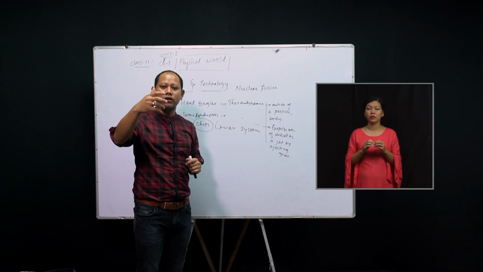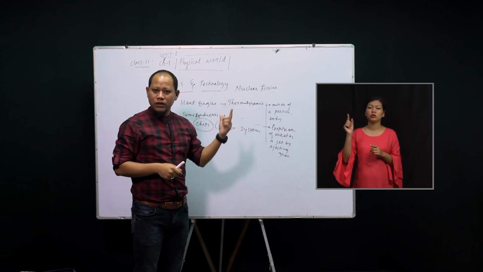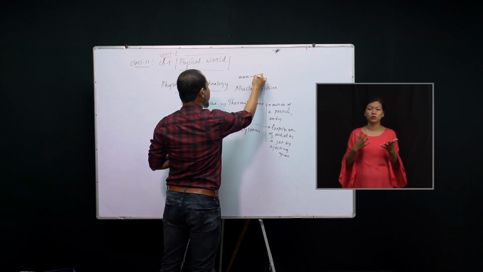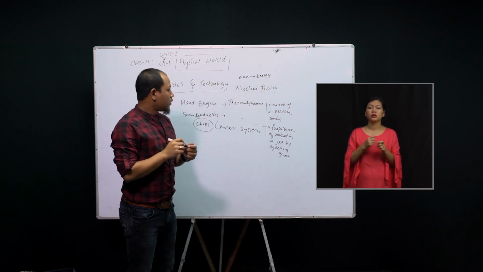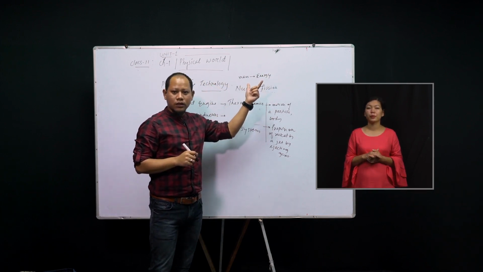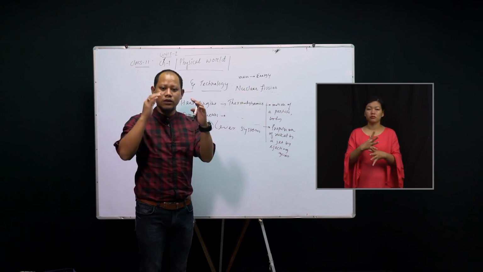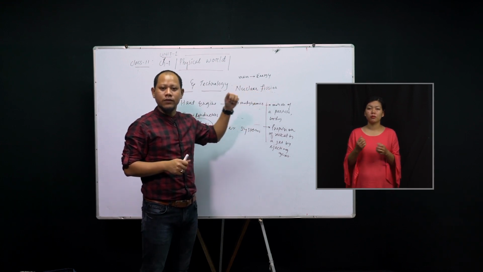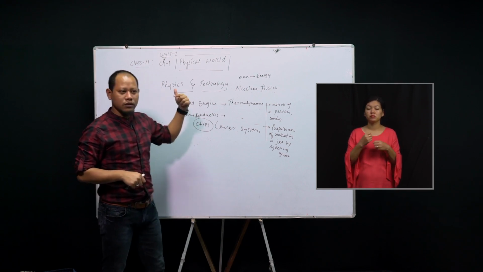What is the principle behind it? We can convert mass into energy. Once we knew that we can convert mass into energy, we could build a tremendous source of energy, a nuclear reactor as well as a nuclear bomb. So there are lots of examples which help us understand the relation between physics and technology.